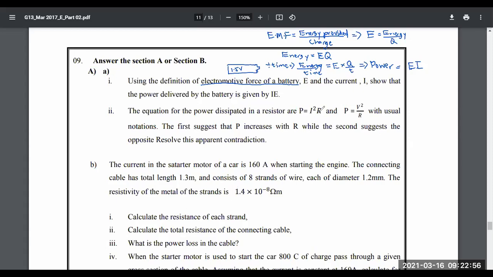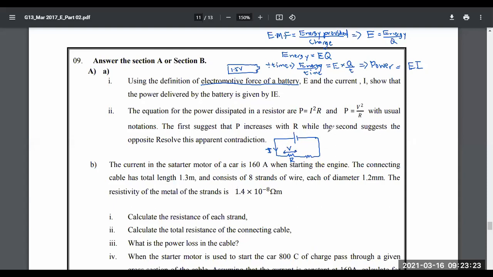Power dissipation is actually when you have a resistor. Let's say there's a circuit with a battery, and then there's a resistor. There's another resistor. I'll just put two resistors, but I'll consider this resistor first, R. Across that there is going to be a voltage, and through that there's going to be a current.